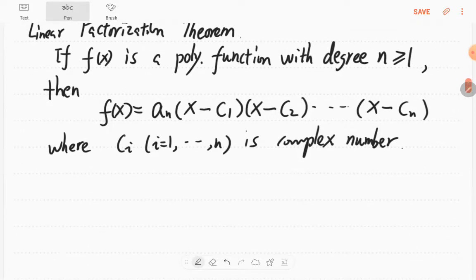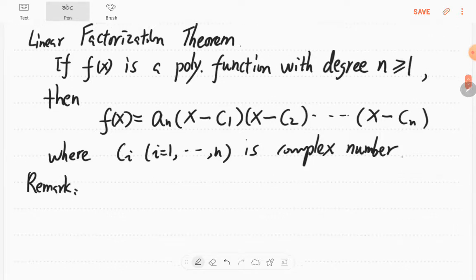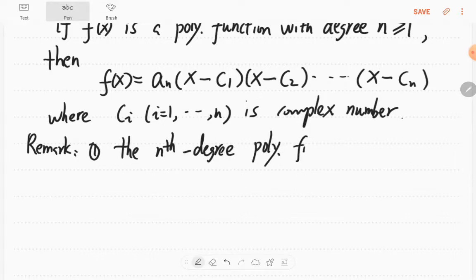From this theorem, we want to look at some remarks. This theorem tells you that an nth degree polynomial function has n zeros.